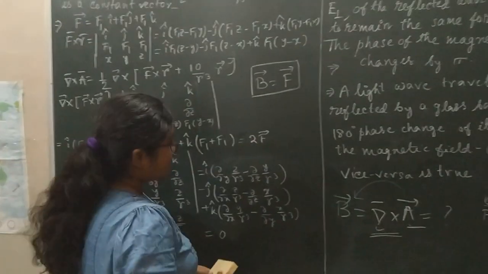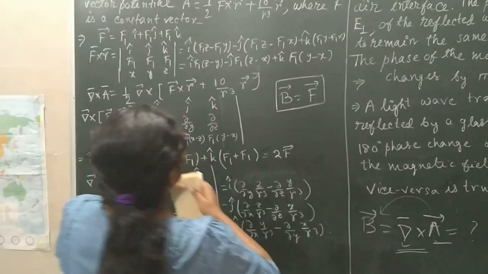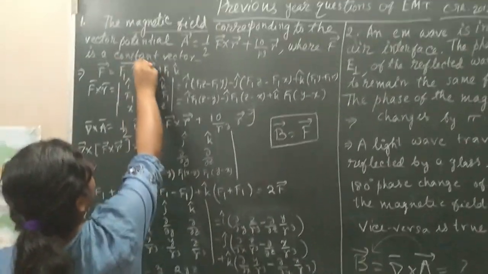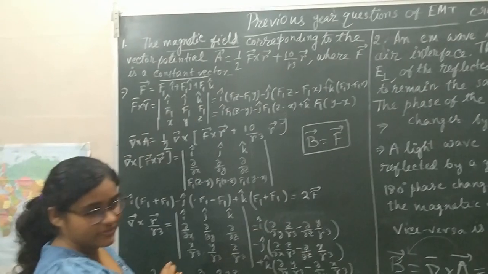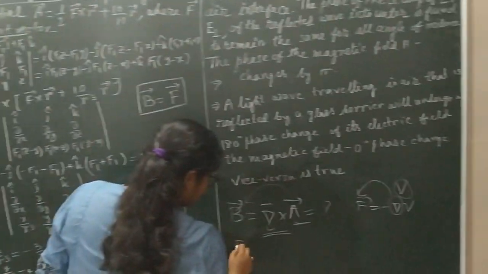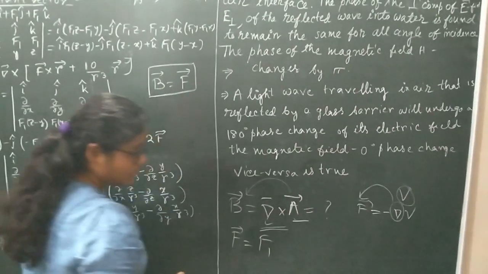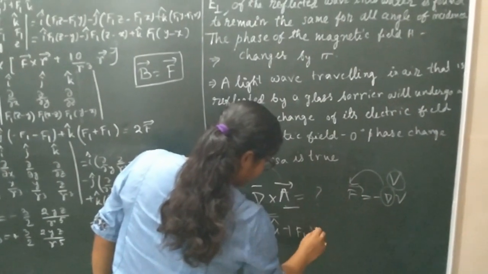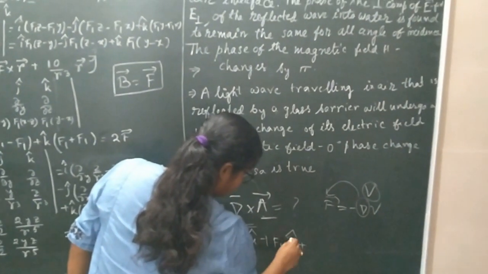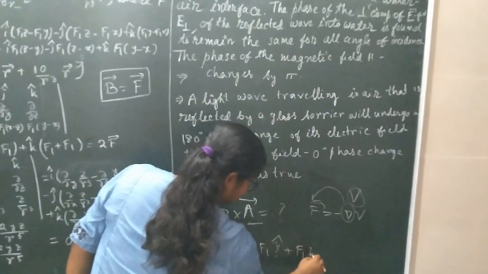And another thing you have to understand is what we mean by a constant vector, because in the question F is a constant vector. Constant vector means, suppose F is a constant vector, you take the magnitude F1, which will be constant along x cap and the same along y cap, j cap, and the same along k cap.